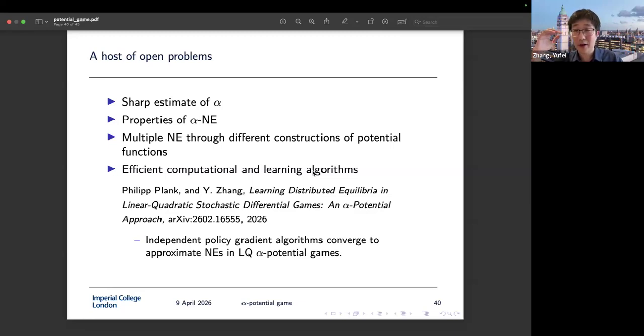For any given potential function, you can look for the best alpha by minimizing over all the unilateral deviations. Then you solve a minimax problem to find the corresponding optimal alpha within a family of potential functions. This can only be solved numerically through some linear programming algorithm.